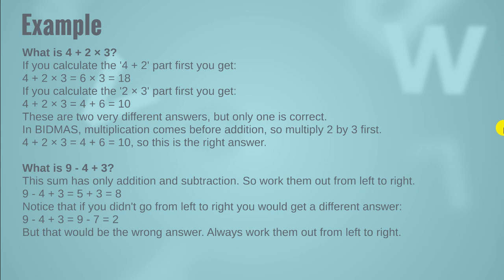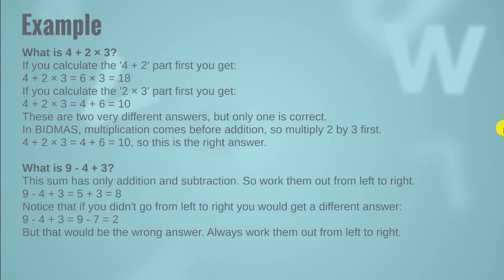No, sorry, you're wrong. This is not the way it works. You need to follow the BIDMAS rule. According to the BIDMAS rule, you need to solve the multiplication first, as multiplication holds greater priority over the plus sign. So you multiply 2 and 3, you get 6, and when you add 6 and 4, you get the answer 10, which is the correct answer.